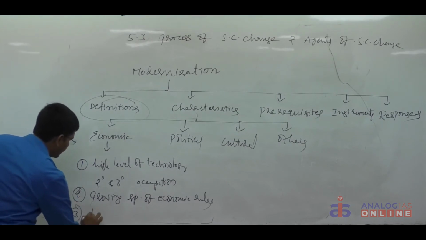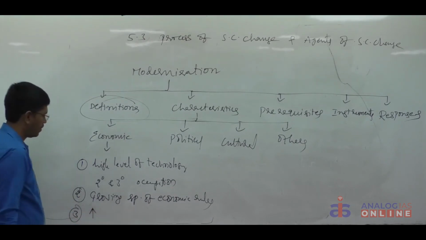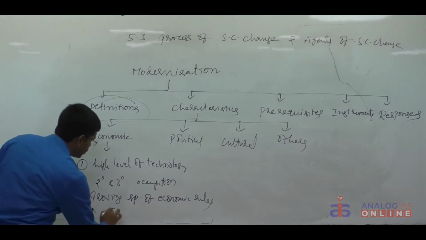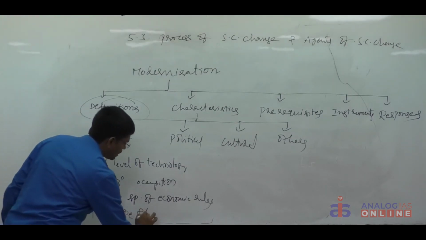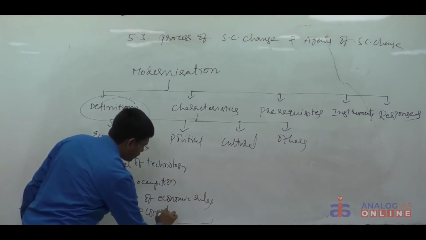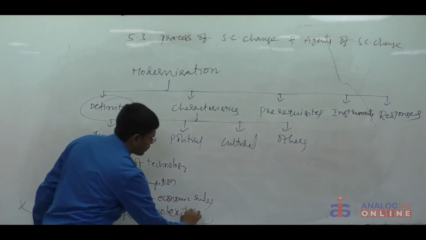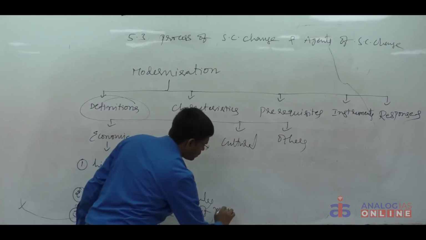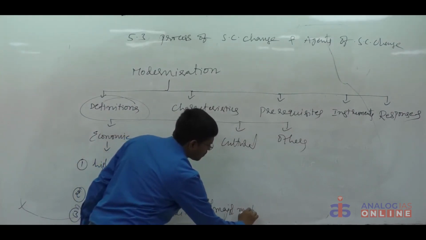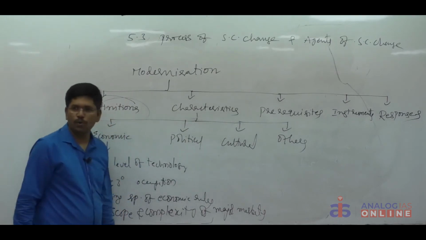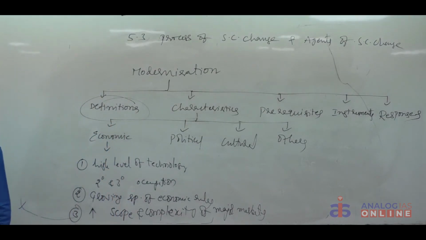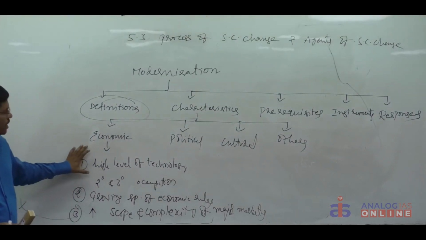Third one is growth of scope and complexity of major markets for goods, labor and money. Because of introduction of science and technology, the labor from India is getting demand from Western countries. Am I correct or not? Our software engineers. These are the three important economic characteristics.